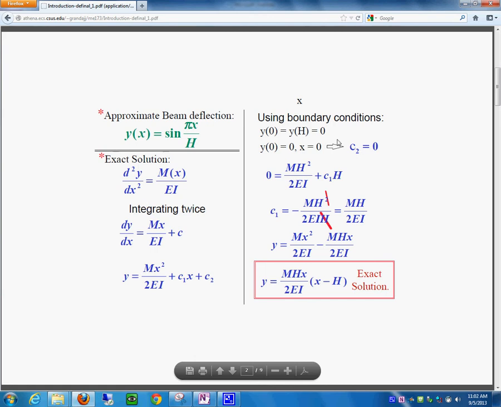See here, if you say that y is 0 when x is 0, C2 is 0. If you plug in the values of the two initial conditions on the equation on the left at the bottom, it's very obvious that you will find the value of C2: the value of C2 is 0. But if you put the other condition on the next line and say the value of y is 0 when x is equal to h, you get this equation right here.